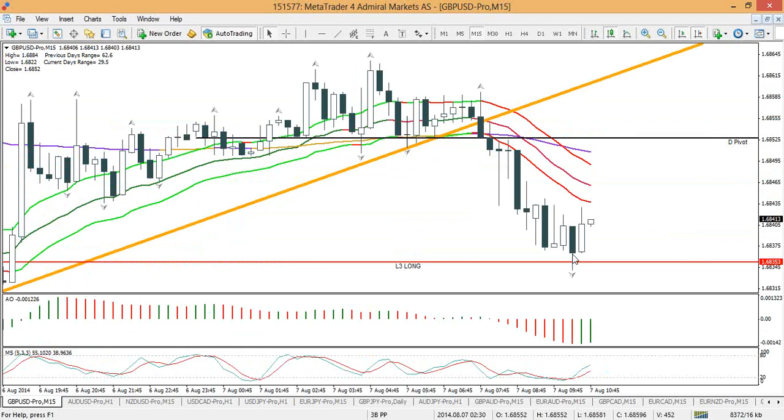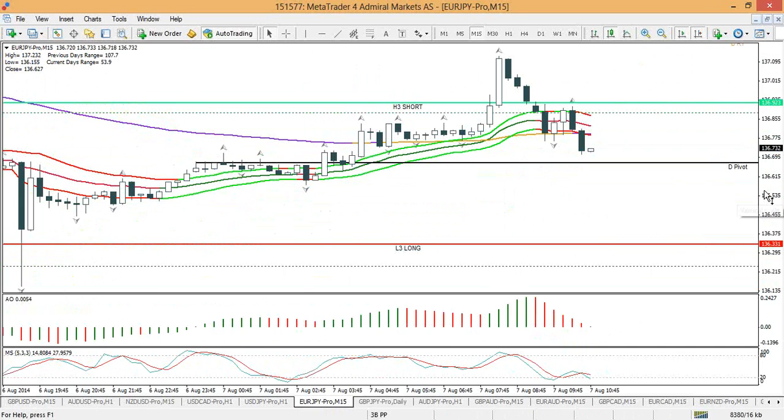Pound is retracing a bit. It could bump into resistance at the 21 EMA band. Euro is not breaking. Euro yen is out of the scope because it's moving back to the opposite side, in fact. So that's out of the question. The euro dollar, I would say, is something that I might add. Unfortunately, now the interest rates are getting closer and closer, so it may not make sense anymore.